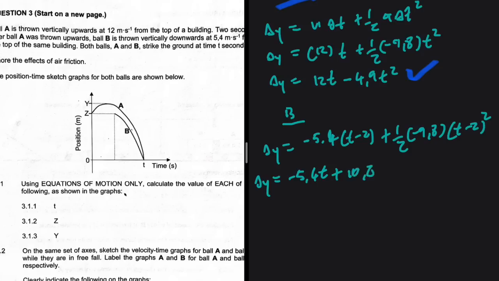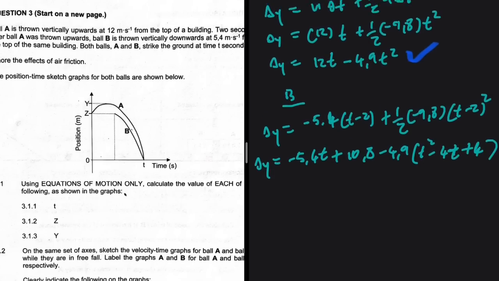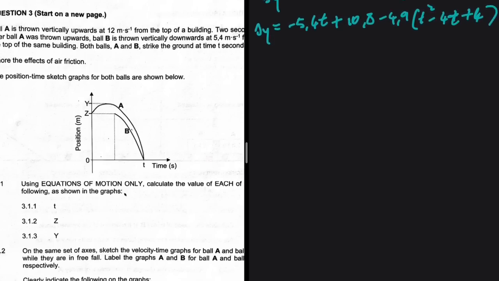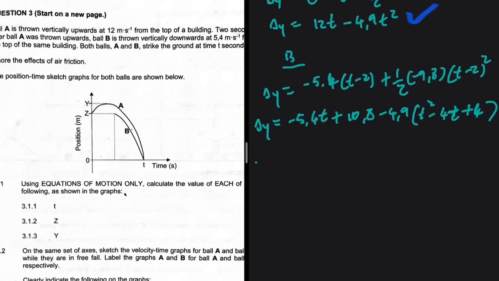So this is 10.8, and then minus 4.9, and then we have t minus 2 squared, which is t squared minus 4t plus 4. If you don't see why that is the way it is, you probably got the question wrong either way. Delta y will be equal to minus 5.4t plus 10.8 minus 4.9t squared.